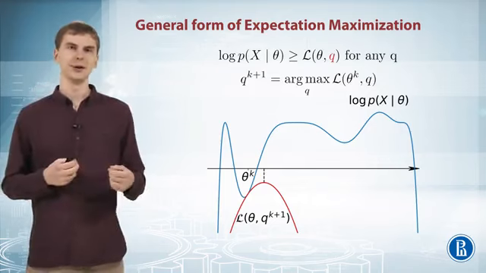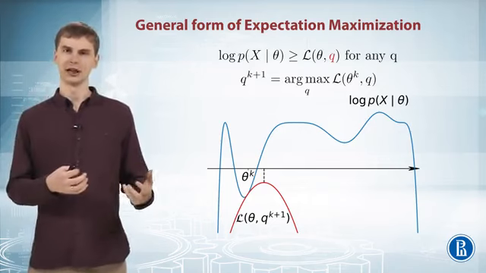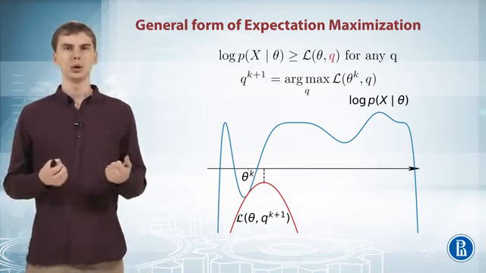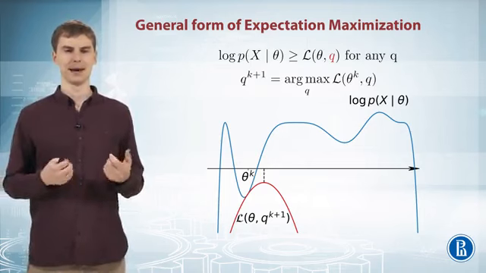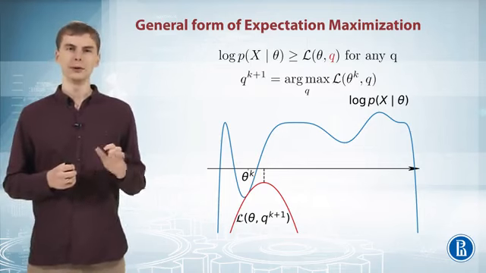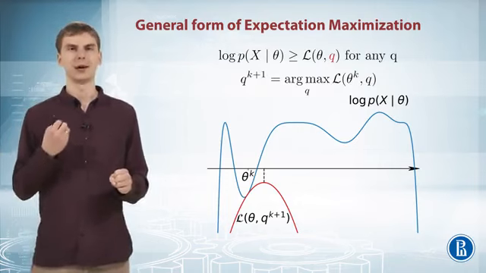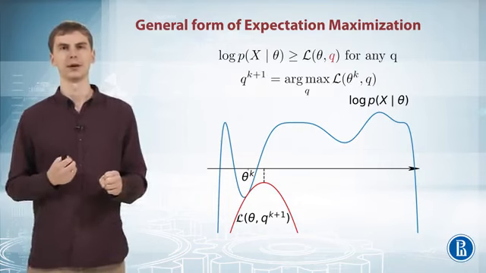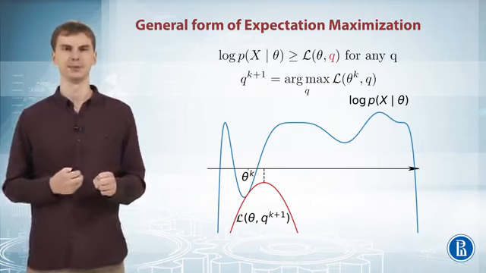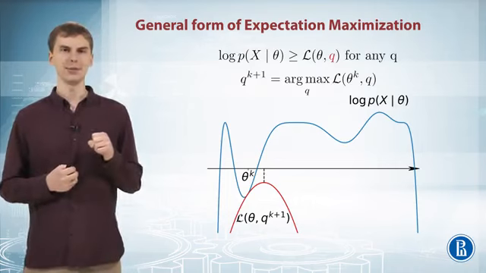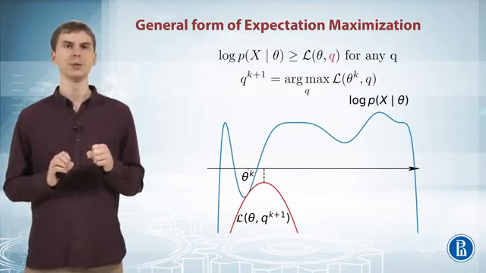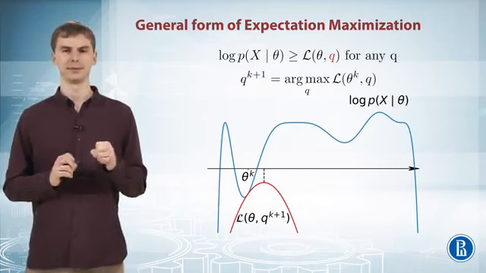And also, you can interpret the same thing we have just discussed in a block coordinate descent manner. On the first substep, we fix theta k, and we maximize our lower bound with respect to q, with respect to the distribution. On the next substep, we fix this best q, and we maximize our lower bound with respect to theta.